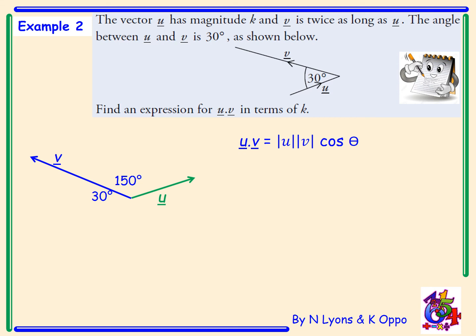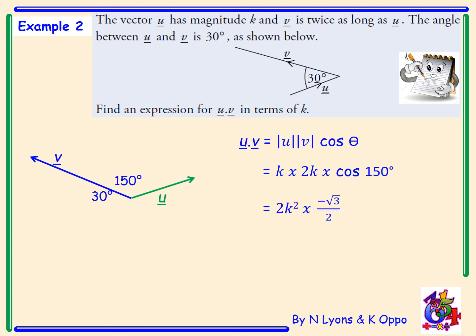Inserting the values into our formula, written in terms of the question: u dot v is equal to the magnitude of u multiplied by the magnitude of v multiplied by cos theta. u has a magnitude of k, so it's k multiplied by, v has a magnitude twice as long as u, therefore 2k multiplied by cos of 150 degrees.